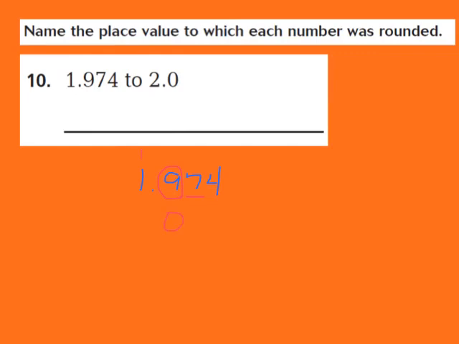And 1 plus 1 is going to give me 2, so I end up with 2 and 0 tenths, because when I round correctly, the numbers behind that circled digit drop off. So I know they have rounded that to the nearest tenths place, so I'm going to write down tenths, and we now have the answer to our question.